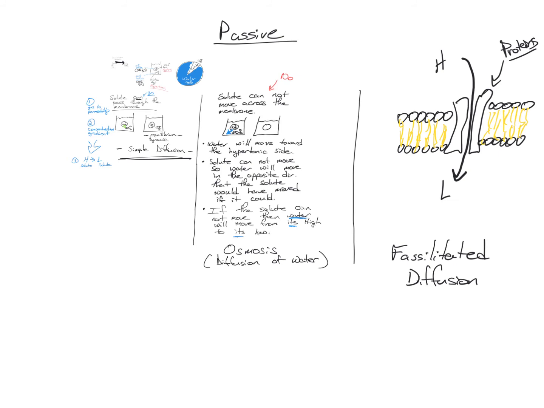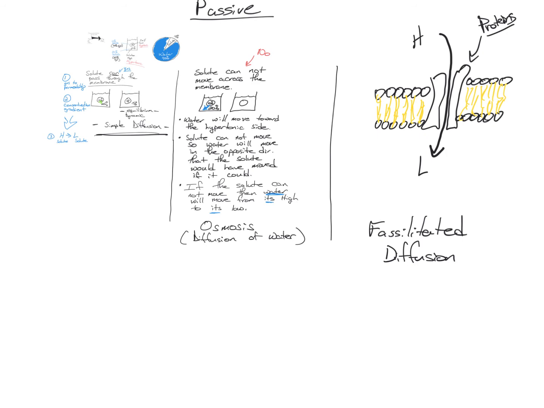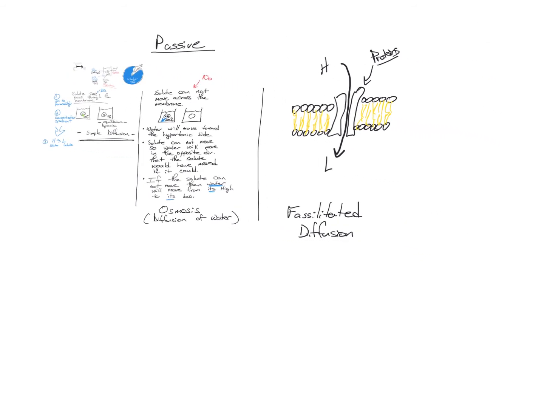But just to let you know, what they love to do, especially the AP College Board, but I've seen it on some practice questions, is if you change how many of these proteins you have in the membrane, you change how permeable the membrane is. That's why the cell uses this. Some cells let a lot of salt in and other cells keep salt out.